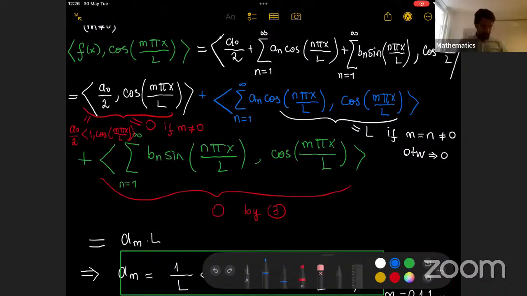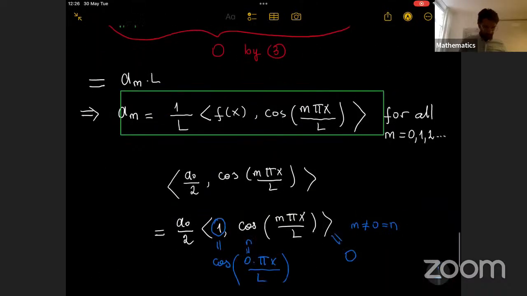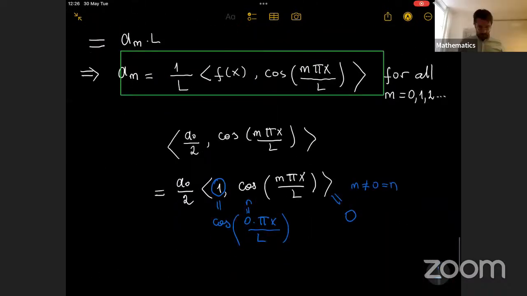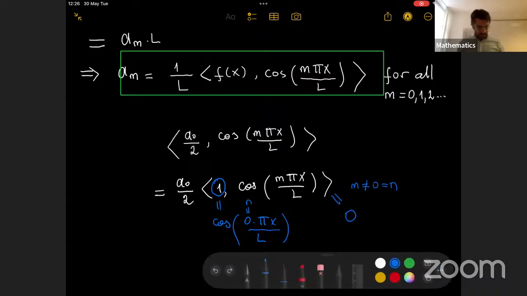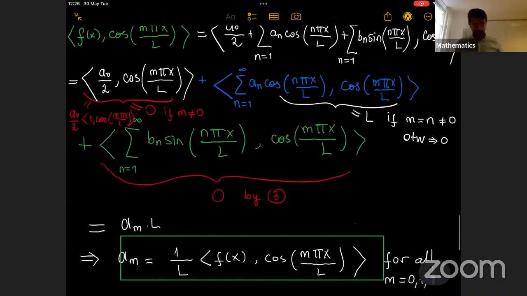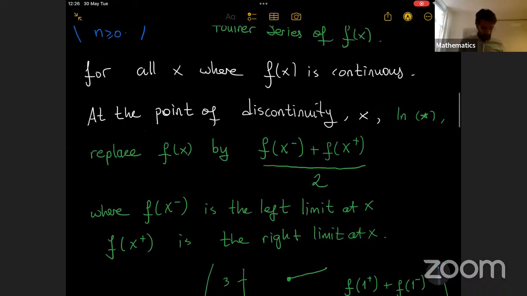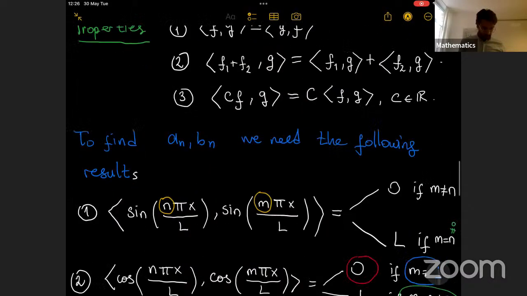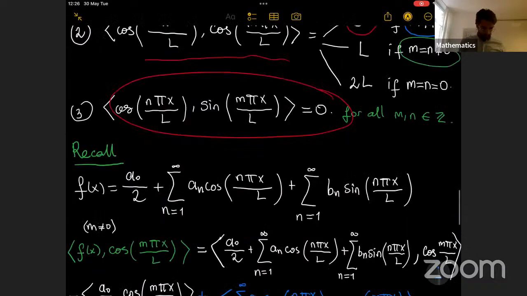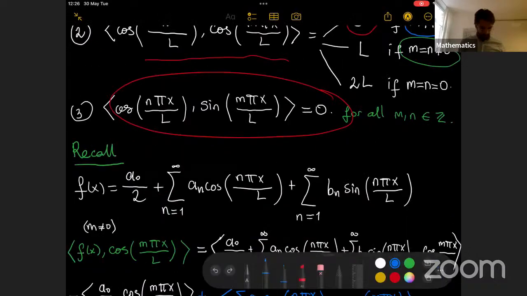All right. We're done with this. Well, we can also find, remember here, the Fourier series. Where is it? Here, the Fourier series is given by this formula.